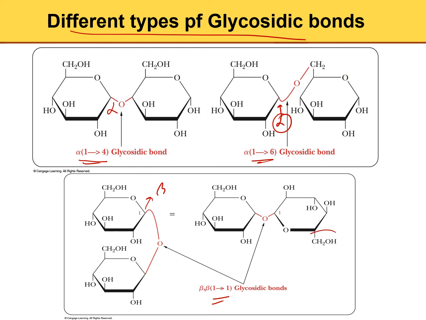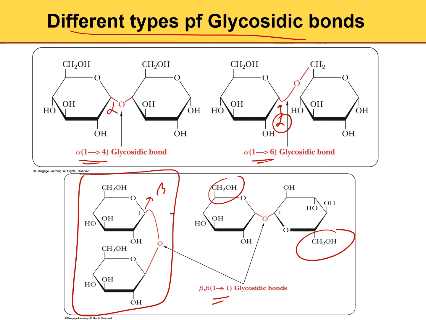They have flipped the glucose. So it is not alpha, it's actually also beta, but they just flipped the two molecules. It's difficult to see what they're doing here, but just draw it like this. It's beta 1 to beta 1, so beta 1 to 1. So they have different kinds of bonds.